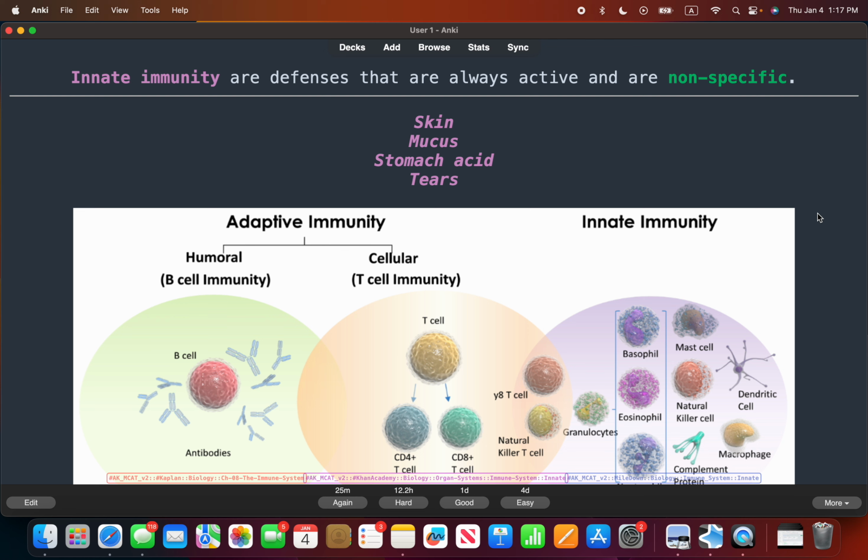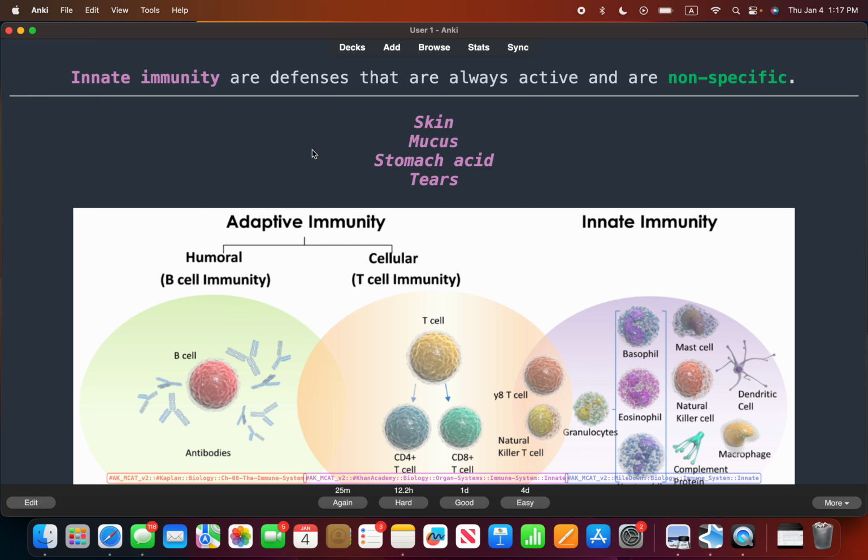So let's start with the immune system. I believe we have 86 flashcards for this, so let's go over them.